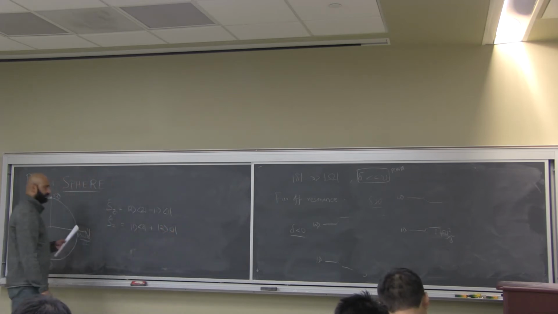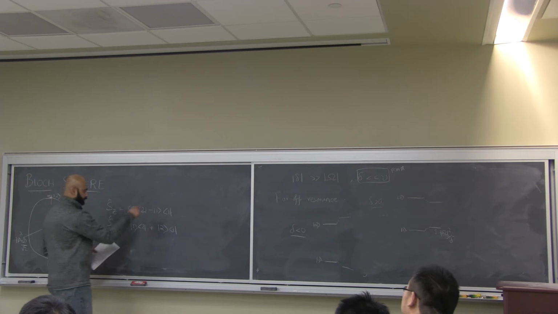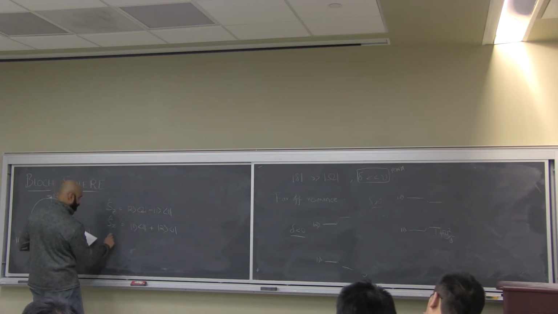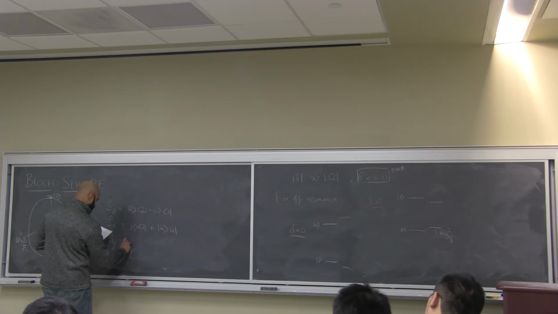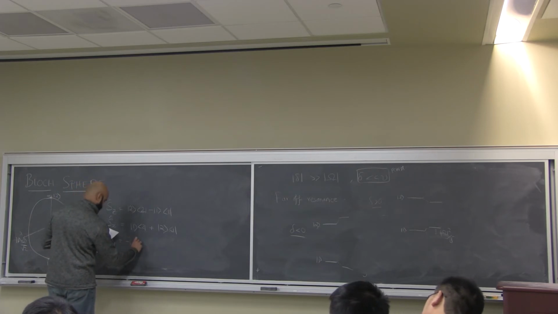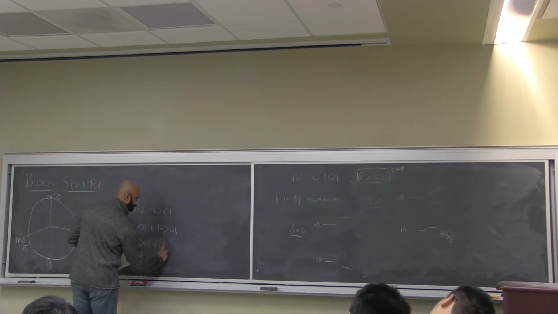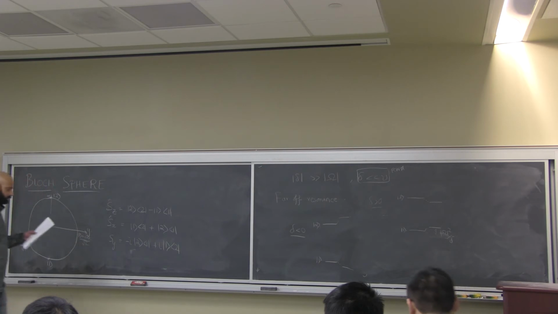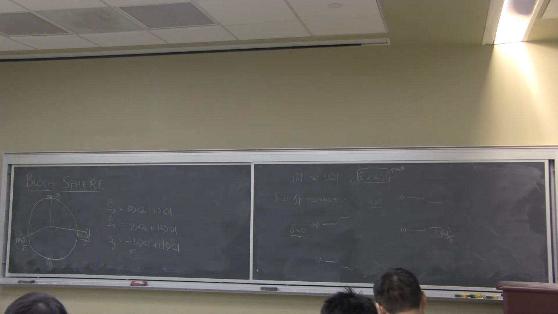You can see its matrix is going to be 0, 1, 1, 0 when I write it down in matrix form. And Sy is going to have the form minus i|2><1| plus i|1><2|.